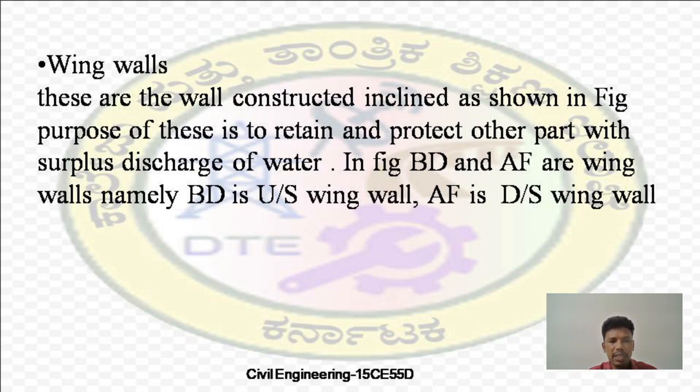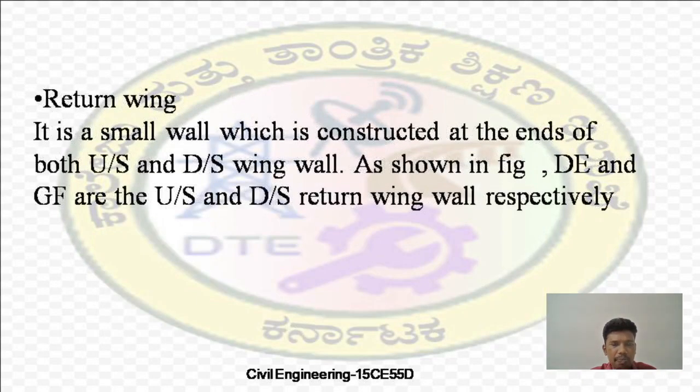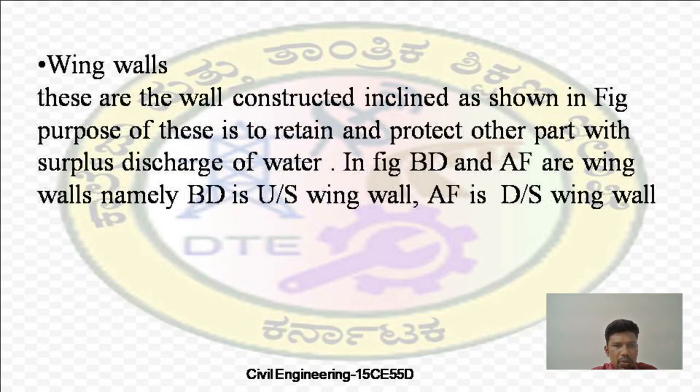Right, as we discussed in the figure, BD and AF are the wing walls. Namely, BD is the upstream wing wall and AF is the downstream wing wall. Okay, once again I will show: AF is the downstream wing wall and BD is the upstream wing wall. Next, coming to the return wing wall.